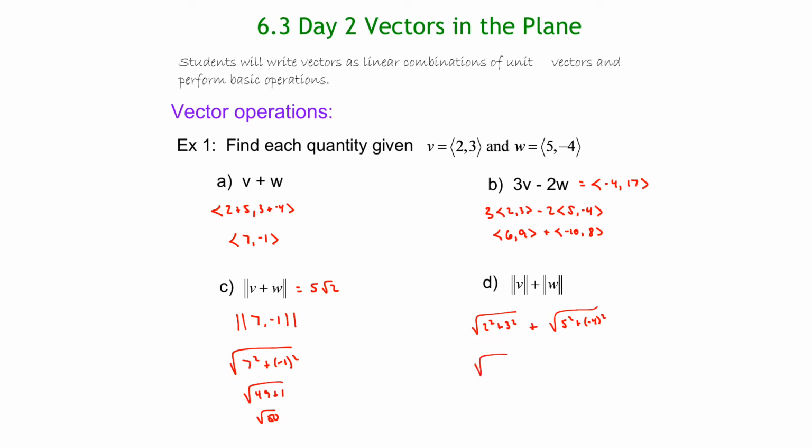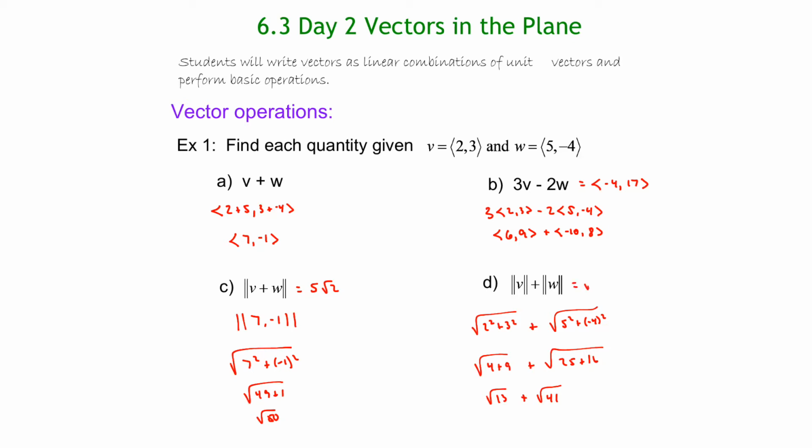We get the square root of 4 plus 9, which is the square root of 13, plus the square root of 25 plus 16, which is the square root of 41. So the square root of 13 plus the square root of 41. We can't simplify either one of those.